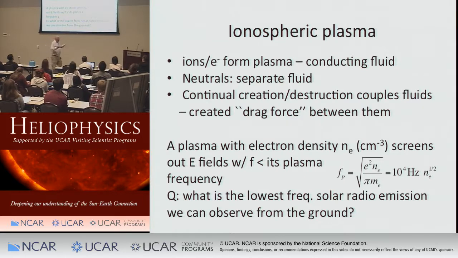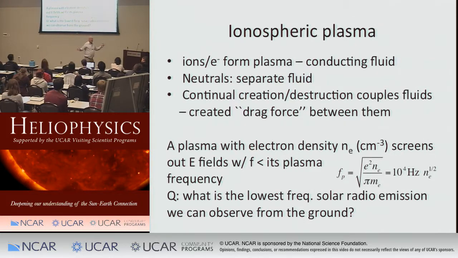When you have a conductor with a certain plasma frequency, if you put an electric field into that conductor, the conductor screens out the electric field. That's what conductors do. Their electrons all move and cancel out your electric field. If you're changing your electric field, the electrons may not be able to do that. That's where the plasma frequency comes in. The plasma frequency is basically how fast those electrons can do their job, can screen out electric fields.